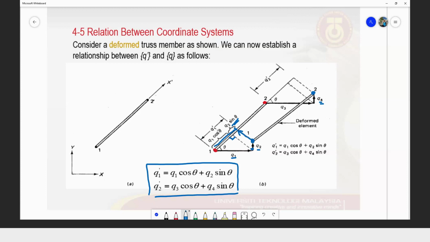And this is actually equivalent to the Q prime 1 when we view this in the local coordinate system.